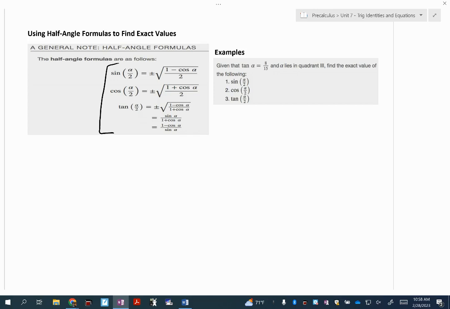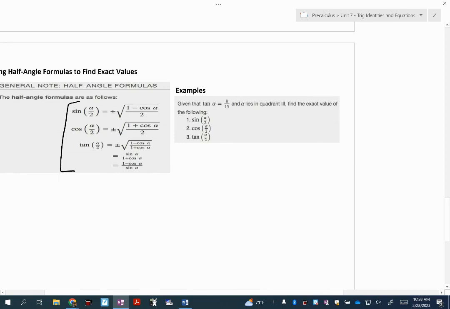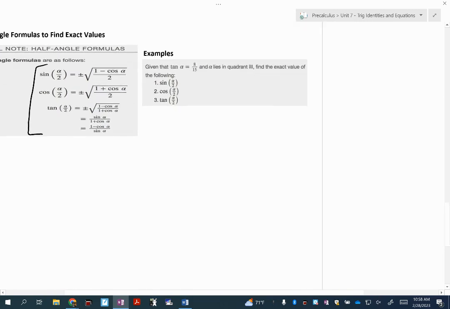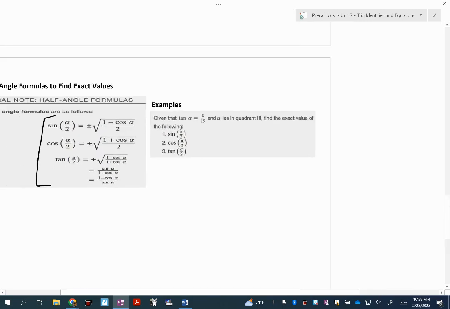So let's try this one. We're going to do 3 different ones: sine of alpha over 2, or 1/2 alpha, the cosine of 1/2 alpha, and the tangent of 1/2 alpha. The first thing I notice is it says that tangent of alpha is 8/15, and alpha lies in quadrant 3. So if I were to draw this, it's in quadrant 3, and here is our alpha.